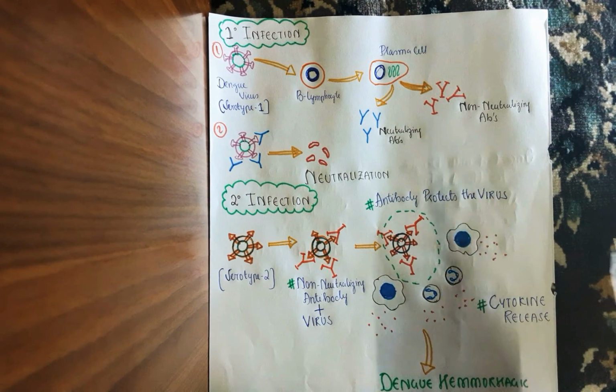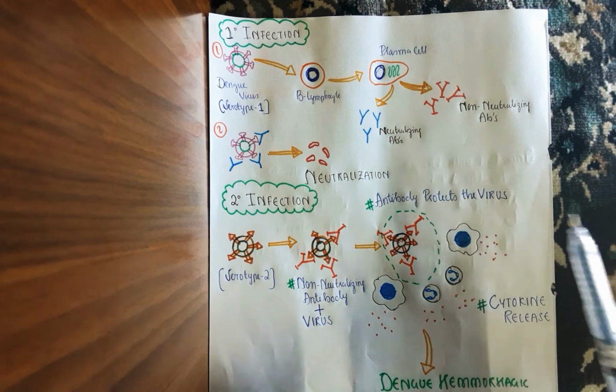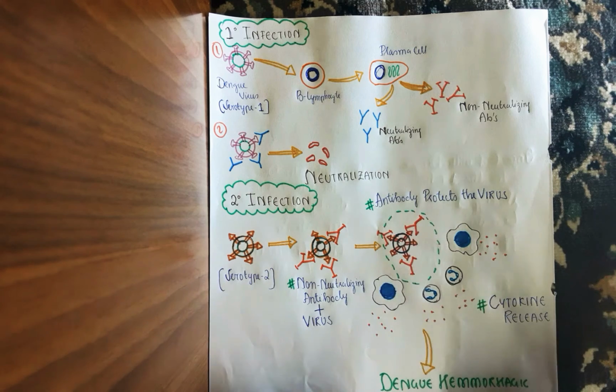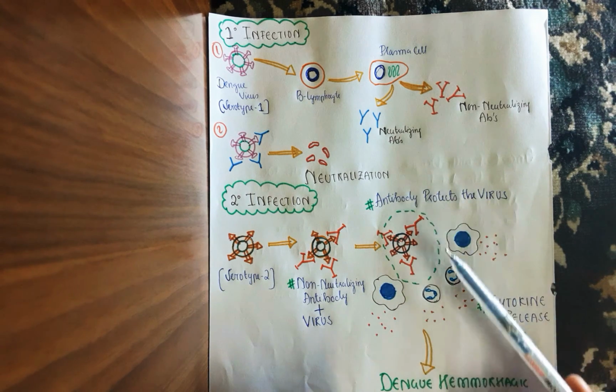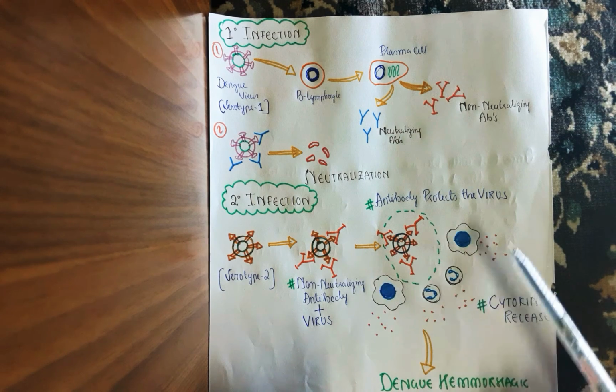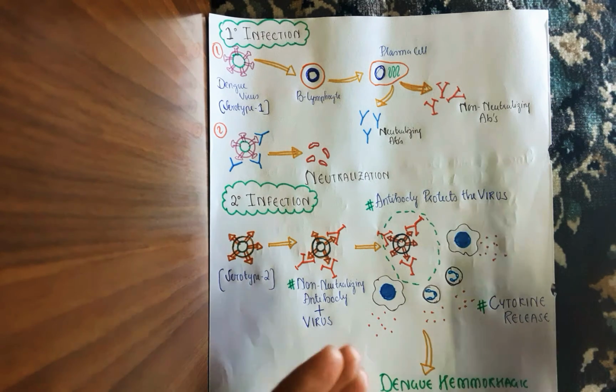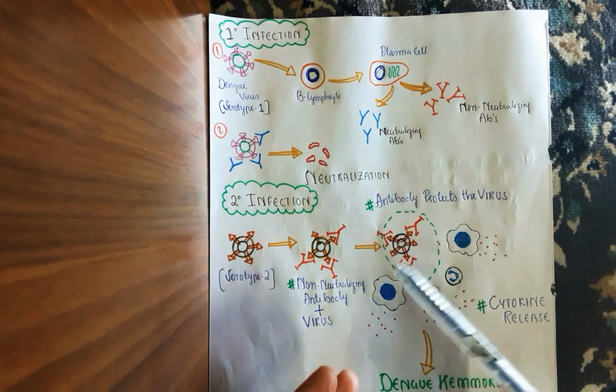Some complements may act as anaphylatoxins, some may act as chemoattractants, mediators of inflammation. So that activation of the complement pathway will lead to the recruitment of inflammatory cells like macrophages, neutrophils and all those things. All those cells will be recruited at the site.